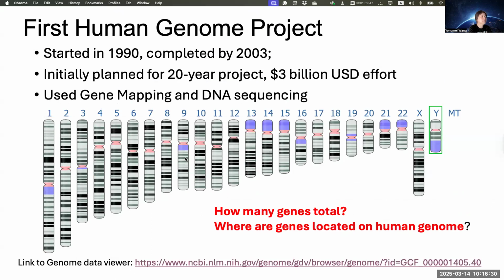All right, so I told you the human has 23 pairs of chromosomes, right? And the chromosome labeling is chromosome 1, 2, 3, up to 21, 22. And then the 23rd pair is related to sex, whether it's XX or XY.